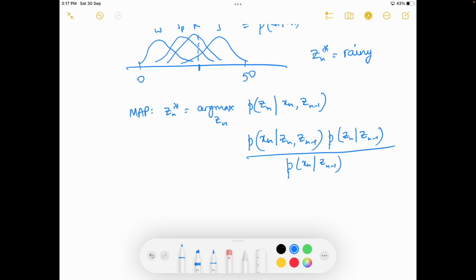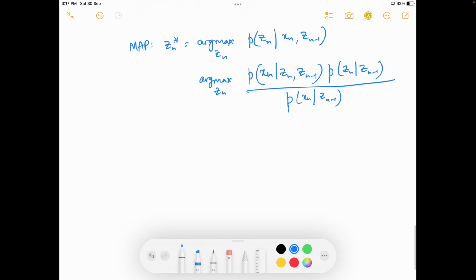So this is what I have to do argmax over. Now you see, this term depends on Zn, this term depends on Zn, and this term does not depend on Zn. So we don't need to optimize this term. So this is equal to argmax of the numerator only.